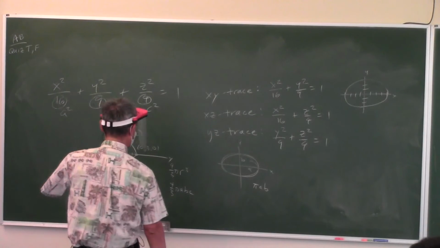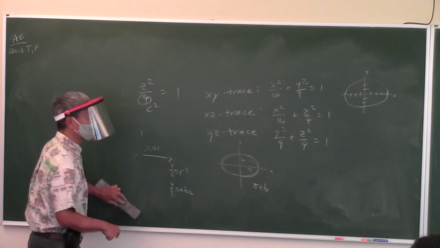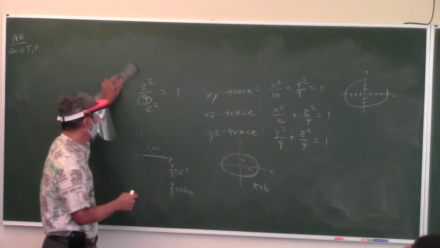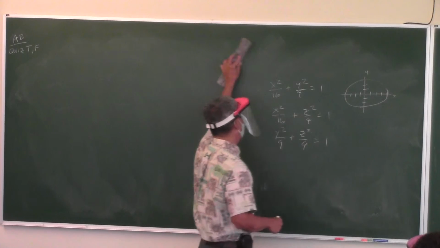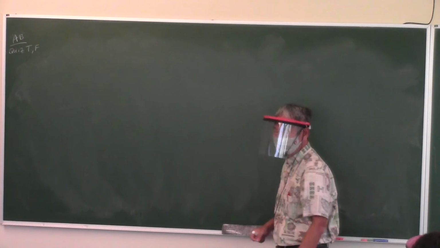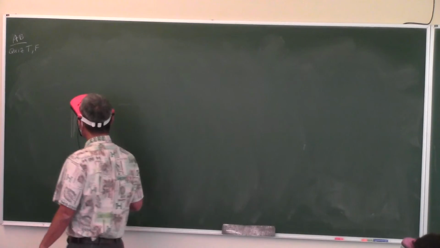Okay, so let's look at 2 more examples. I'm going to erase this. Let's look at an elliptic cone versus a paraboloid. Say what? What did I say? Elliptic cone? I meant quadric cone. All right.